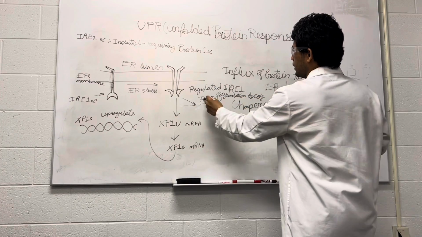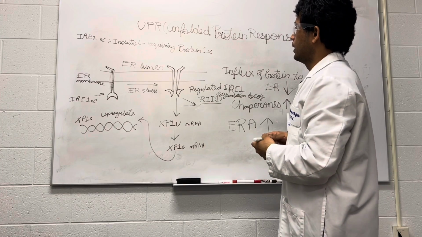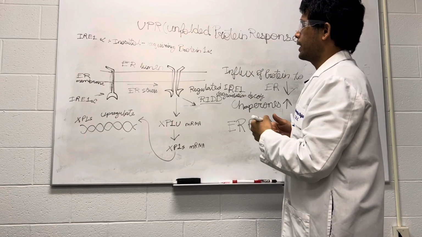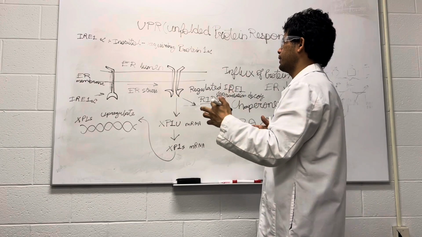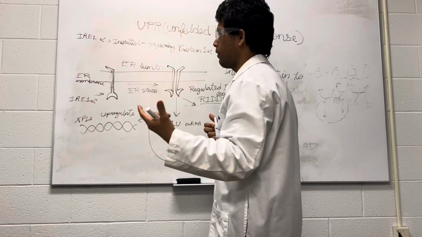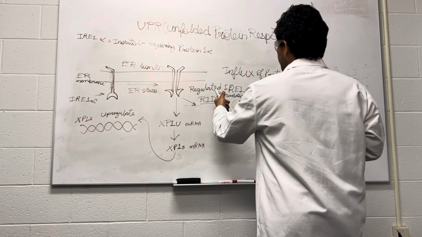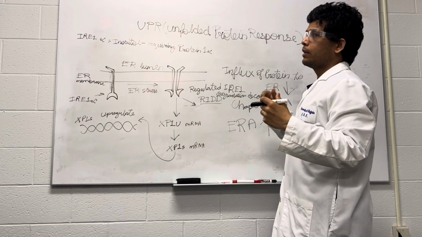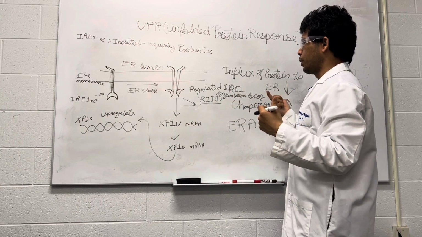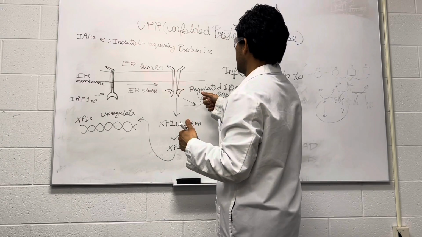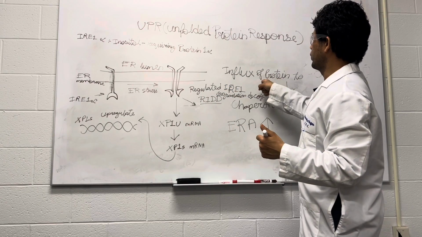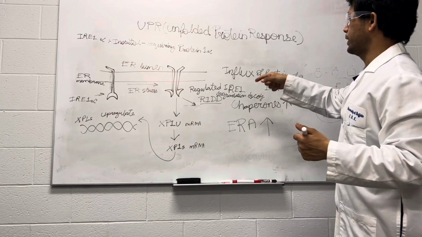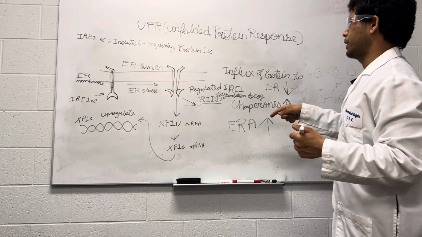What this will do is that, at this moment, the general proteins that are not essential for the cell's survival, this signal will reduce the translation of those proteins. So what this step is doing is trying to reduce the influx of protein towards the endoplasmic reticulum.